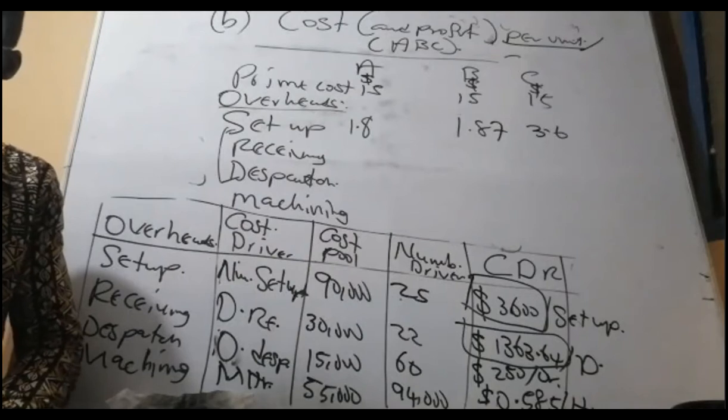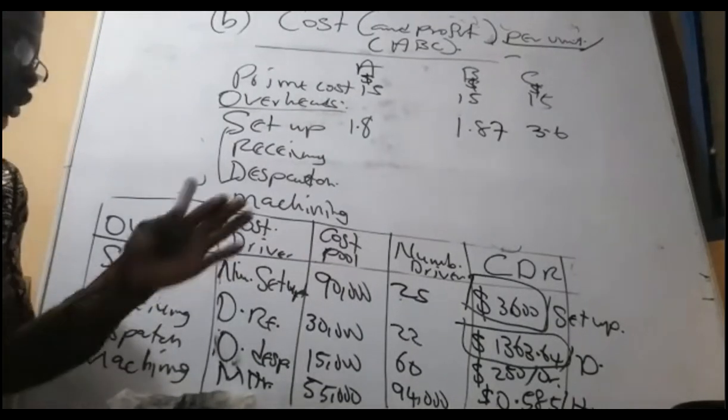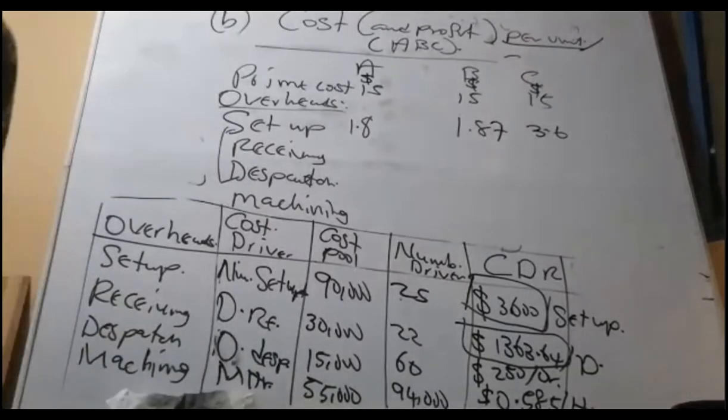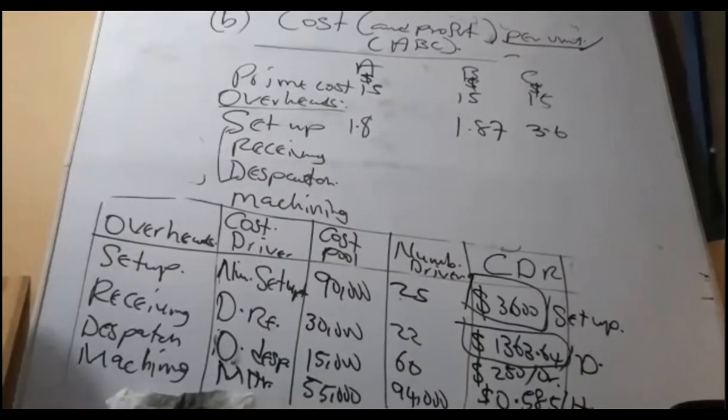So that one too, we pick and then go through the same procedure. When you're done, kindly let me have your answers. That one too, I'll do one. Let me go to the question and pick one of the cost drivers.